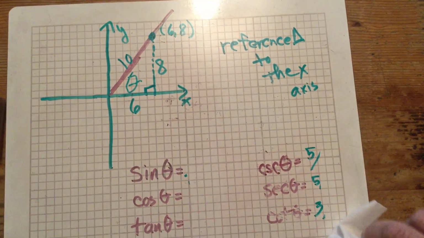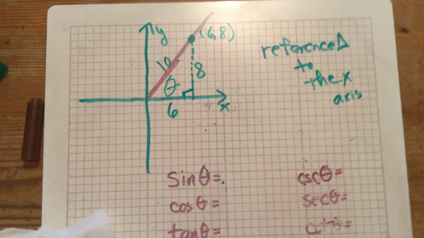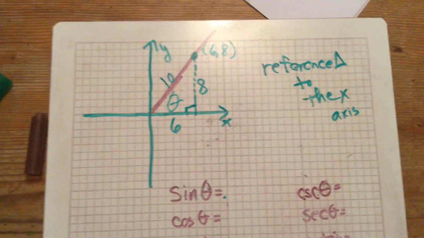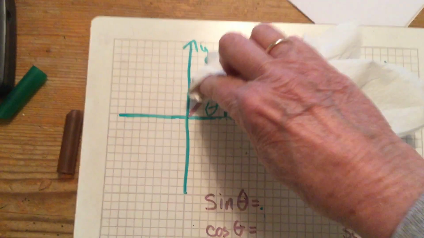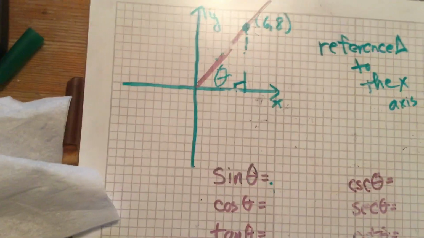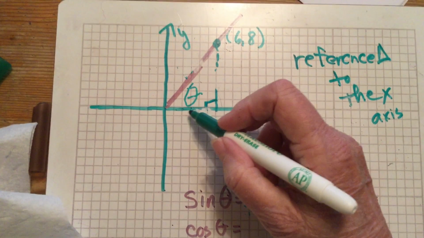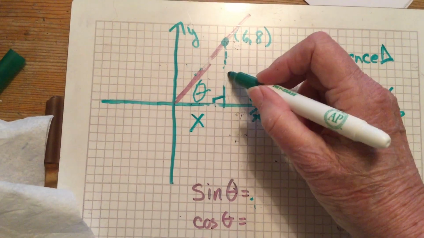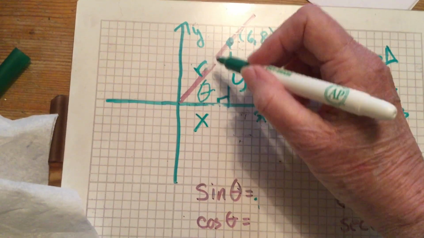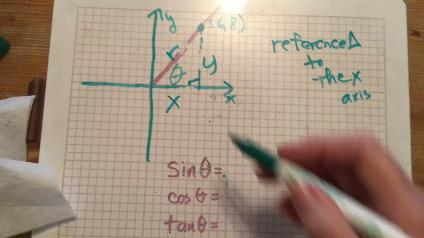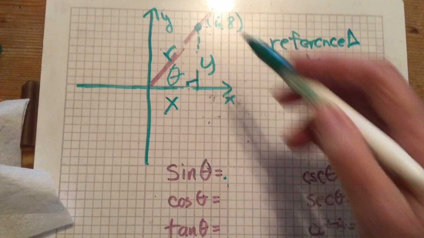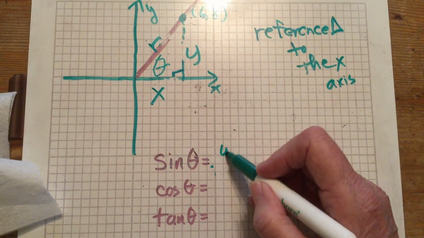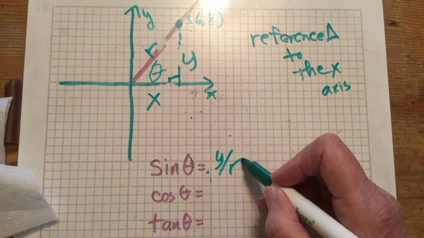And let's get a new definition. I'm going to replace my 6, 8, and 10 with x, y, and r. So this is x over, y up, r out. So that means the sine, opposite over hypotenuse, is y over r.